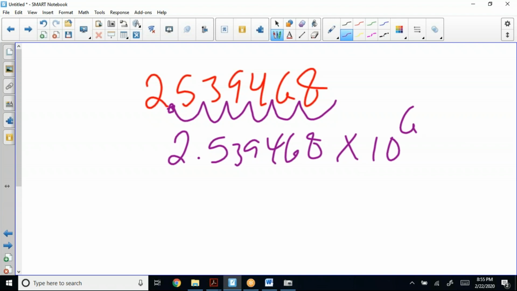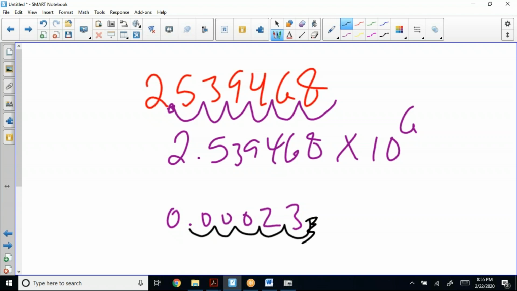That's a positive because it's a big number. And of course, if it was something like this, then we would have, when we write it in absolute value, 1, 2, 3, 4, 5. Uh-oh, I don't need 5, I need 4. 1, 2, 3, 4 right there. Let me go ahead and erase that.